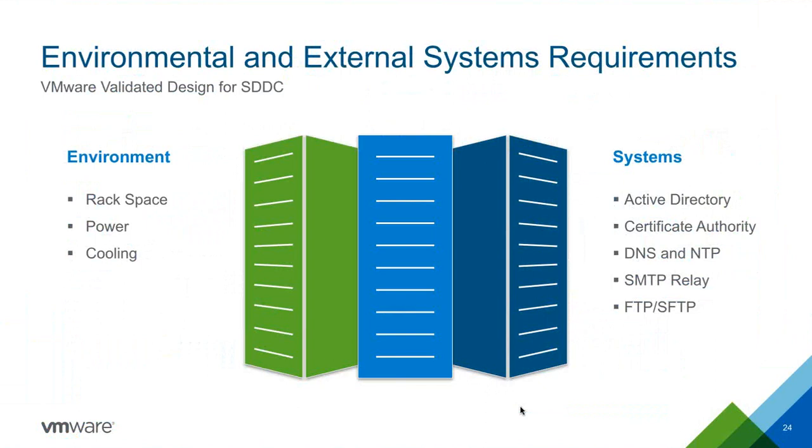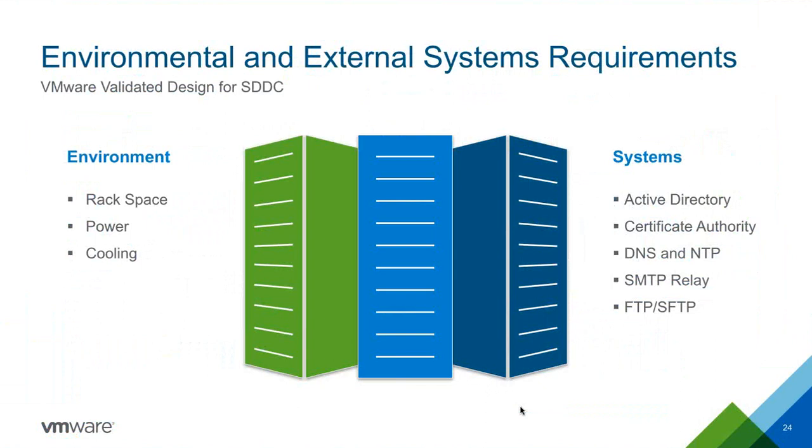We also want to make sure we have an SMTP relay so we can send messages to operators and send alerts, whether it's from vRealize Log Insight or vRealize Operations, or even from vCenter itself or other systems. Then we have the requirement for FTP or SFTP. I like to lean toward the secure file transport.